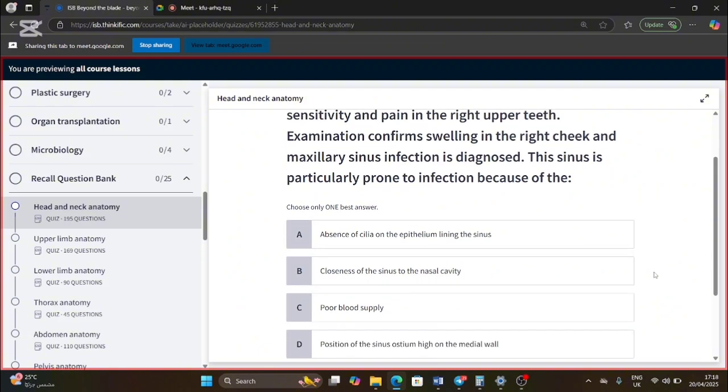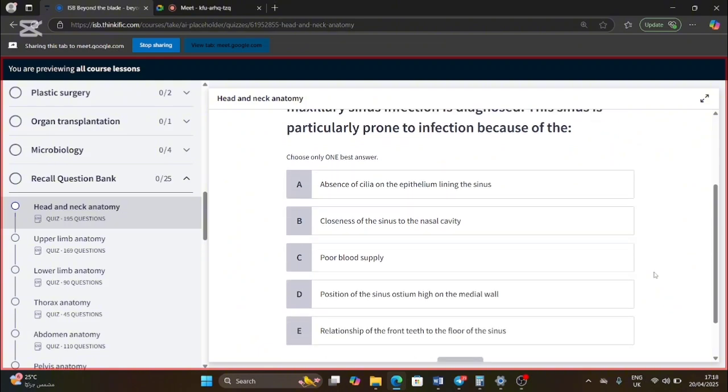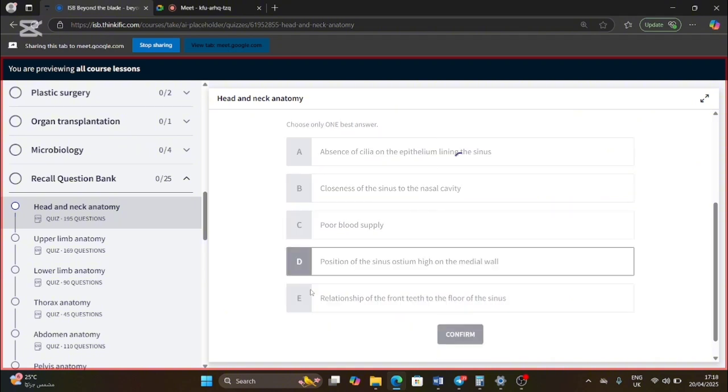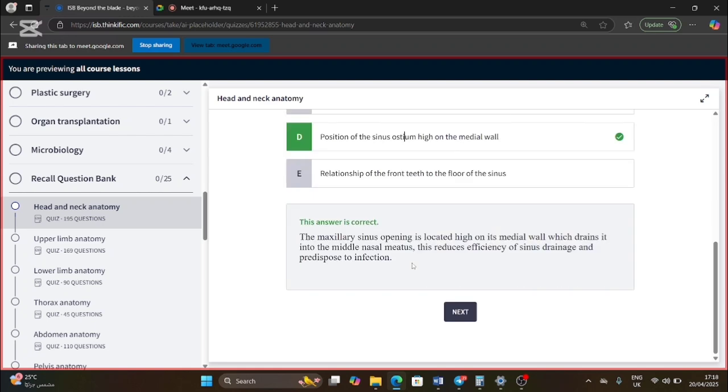This sinus is particularly prone to infection because of... the position of the sinus ostium high in the medial wall. Okay, yeah, so the position, that's the correct answer.